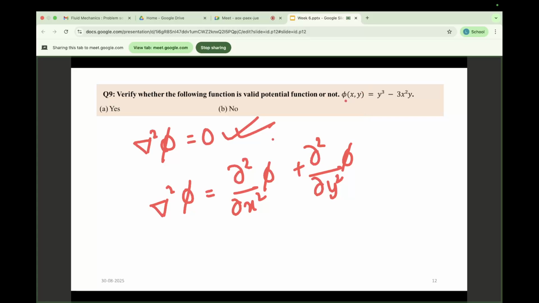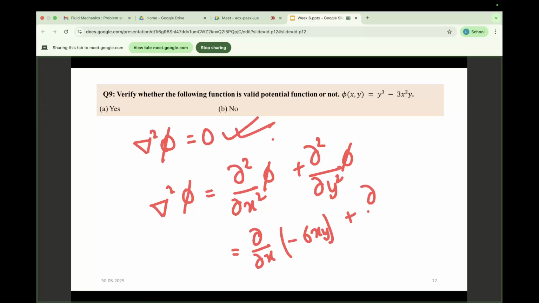So now if I take the double derivative of this term, what will I get? In a single derivative I have already got this term. Just for a single derivative with respect to x, I will get minus 6xy, right?